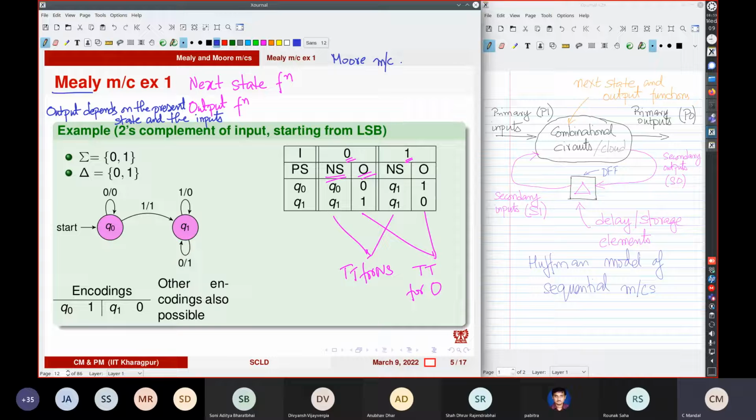where the output depends only on the present state. One advantage of the Moore machine, of course, is that it has a stable output.